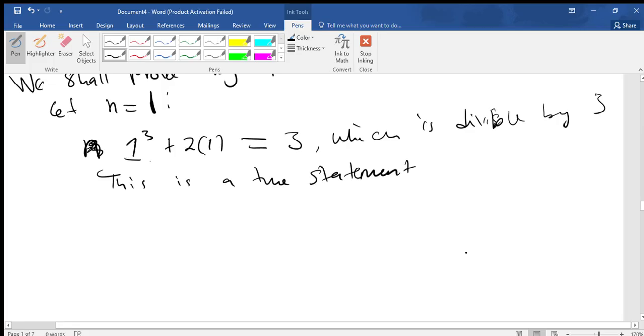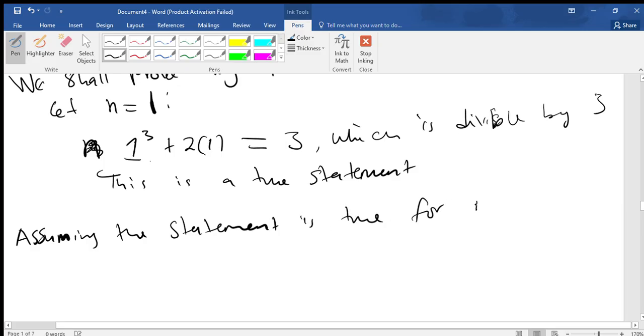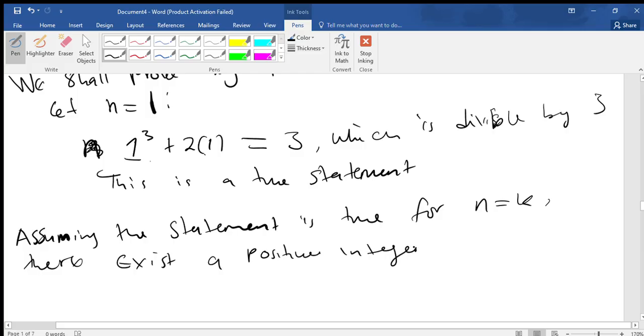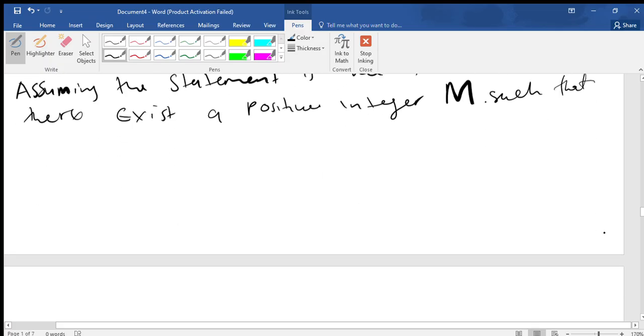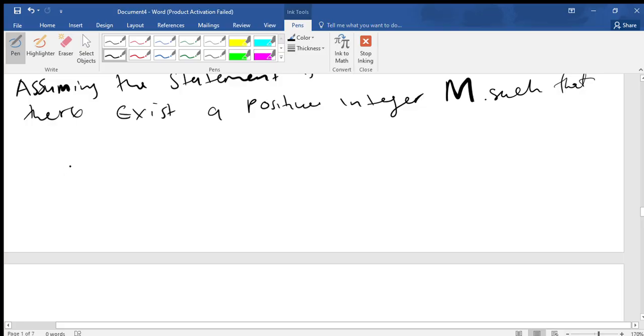Next, the inductive step. Here, assuming the statement is true for n equals to k, there exists a positive integer m such that, when you replace n with k, we're going to have k power 3 plus 2 multiplied by k equal to 3 multiplied by m.